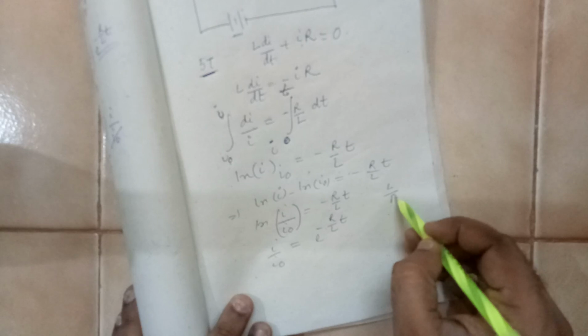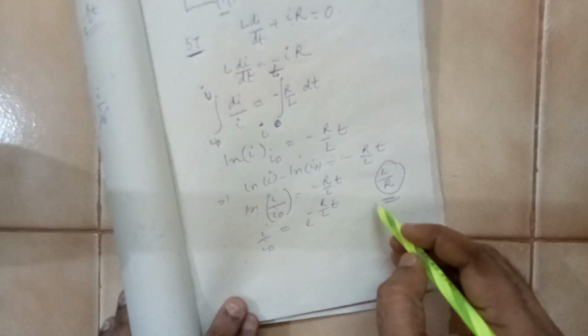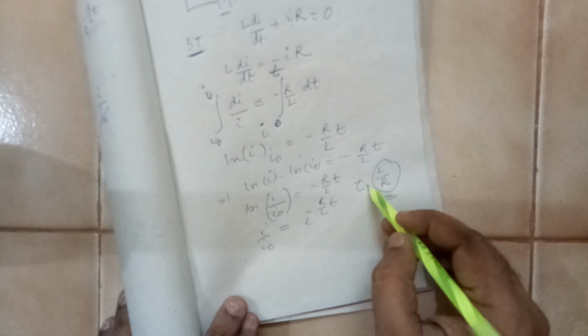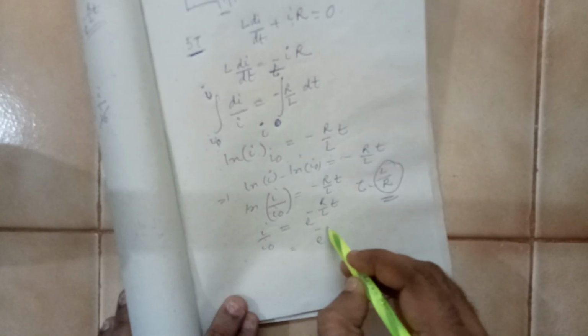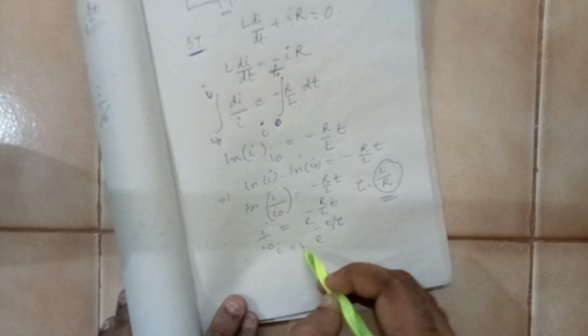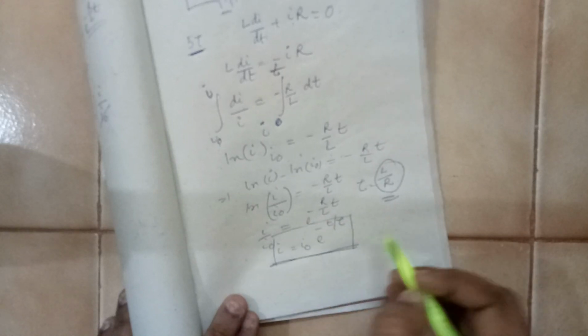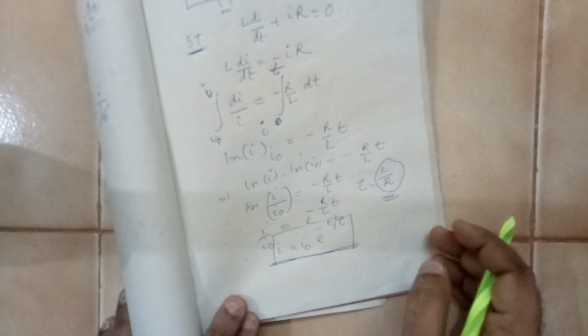We have earlier learned that L/R is called the time constant and it is represented by tau. So you can write I is equal to I0 into e to the power minus t/tau.